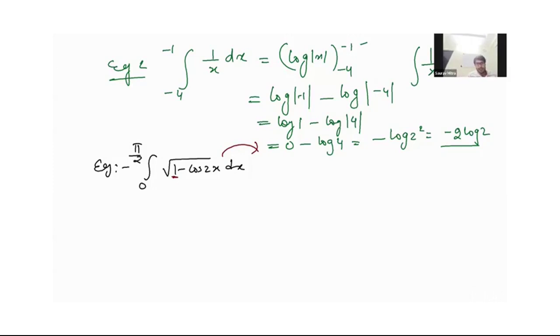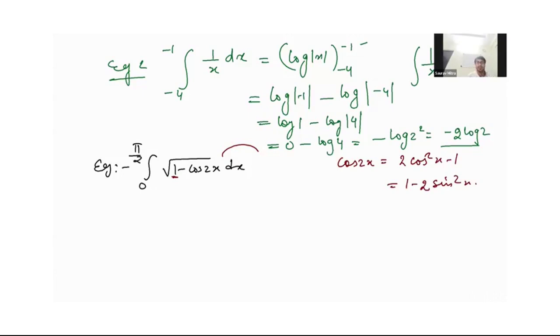So what is 1 minus cos 2x? We know the identity of cos 2x. It is 2 cos square x minus 1, or 1 minus 2 sine square x. Clear?